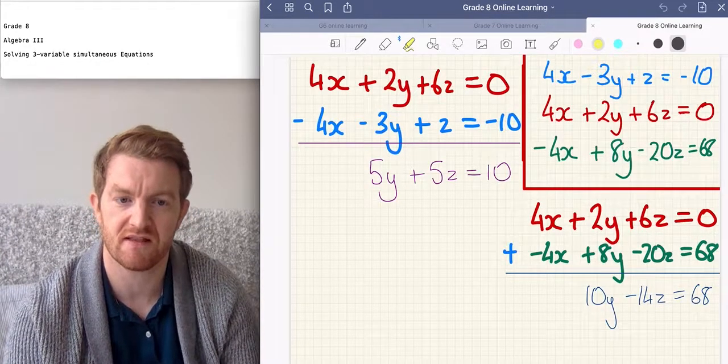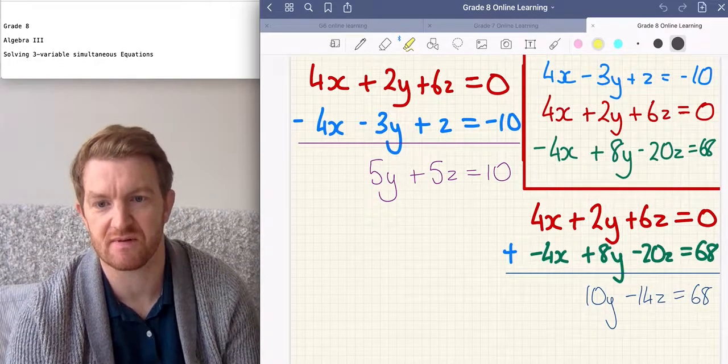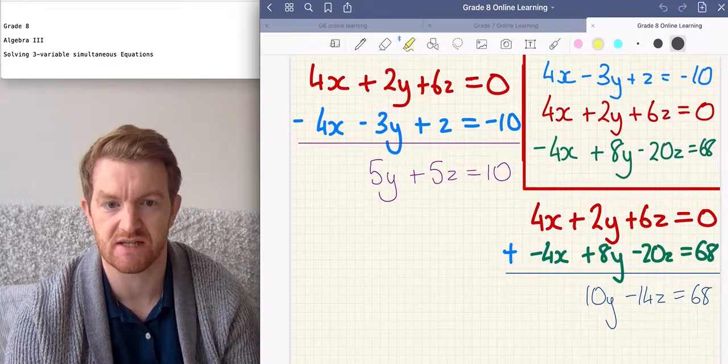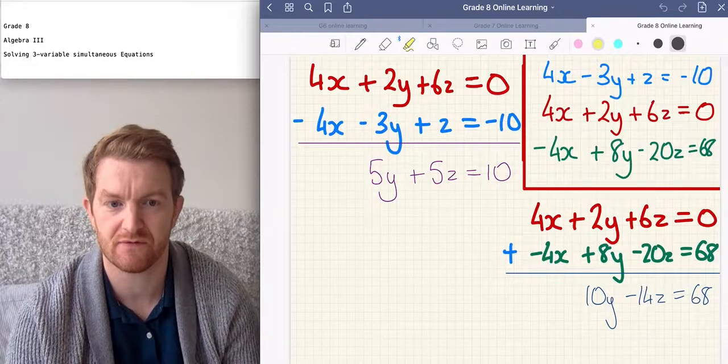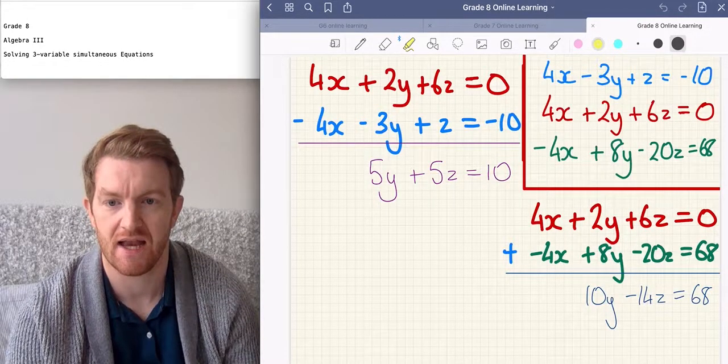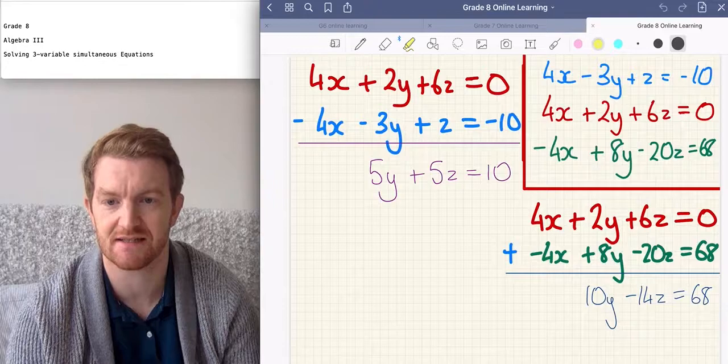And then we did the red and the green. This time we added because we had a positive and a negative, so we need to get them to 0, so we did positive 4, negative 4, and then 2 and 8, and then 6 and negative 20. And when we add those together, we get 10y minus 14z is 68.